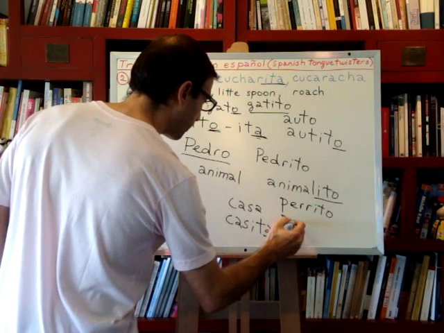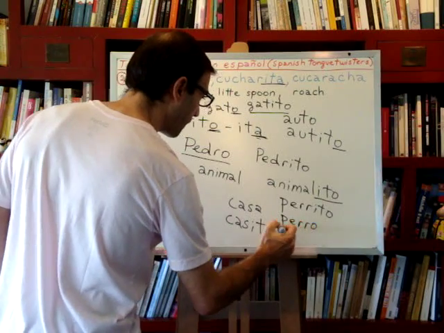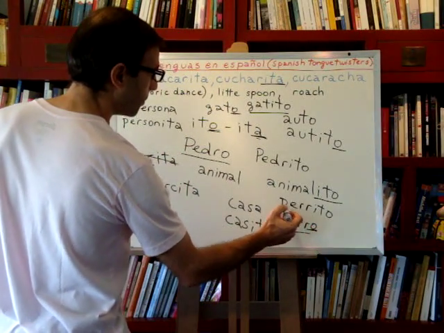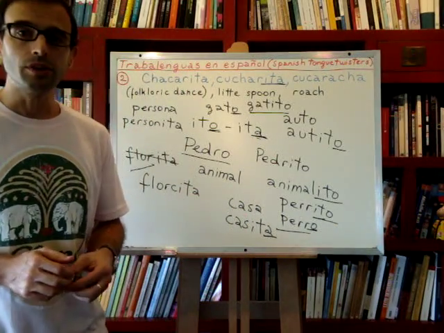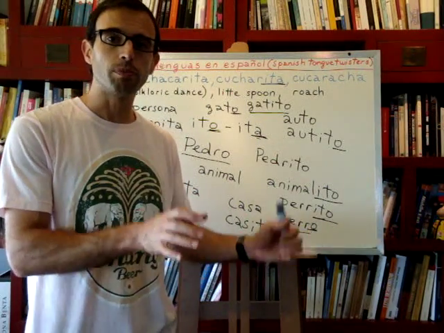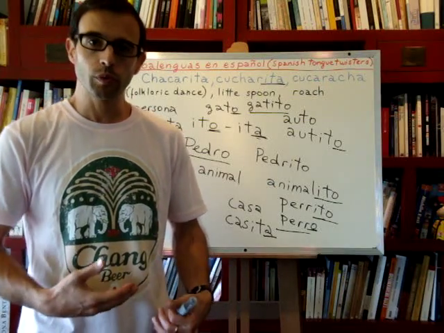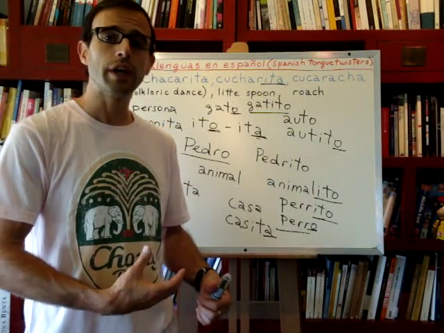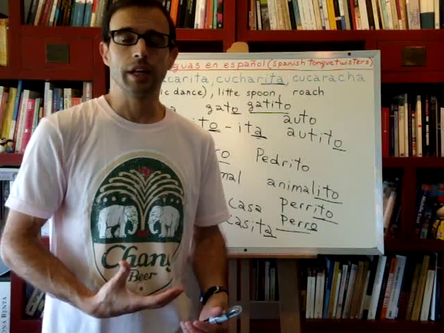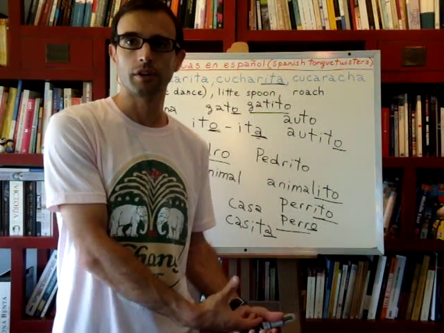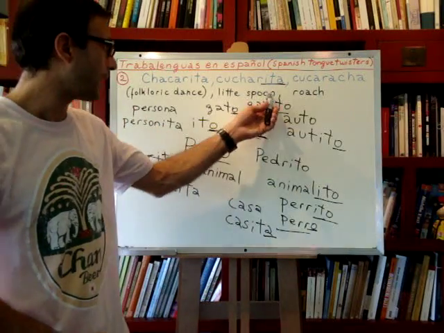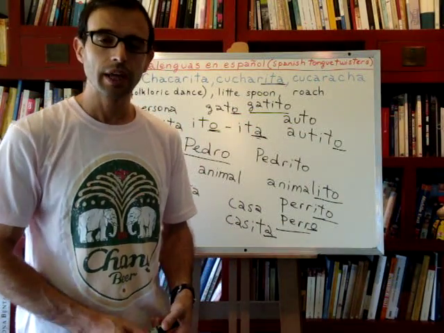Because the word is perro. And it's a masculine word, so perrito would be the diminutive. So, perrito we use when we want to refer to a small dog, or also when we want to refer to the dog in a way that expresses that we are very fond of the dog, right? Or of whatever, the cat or whatever, okay?